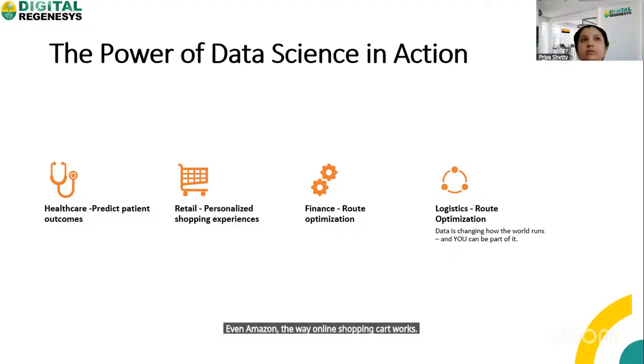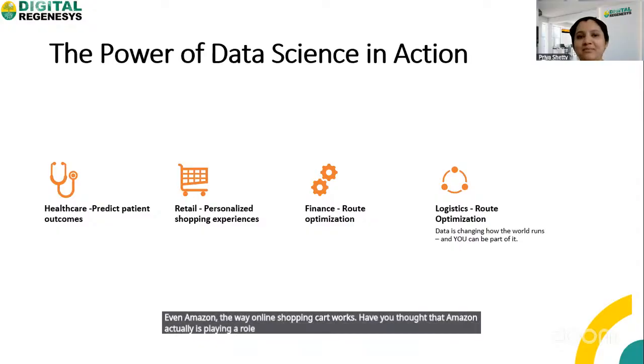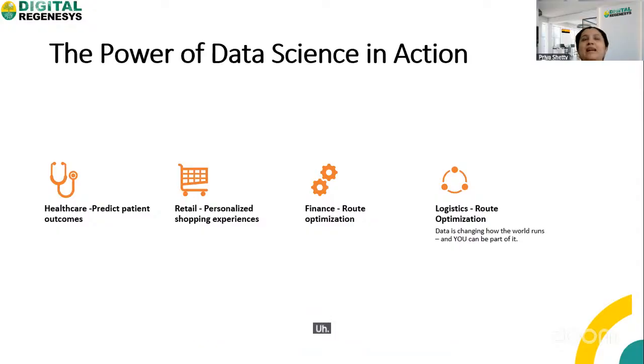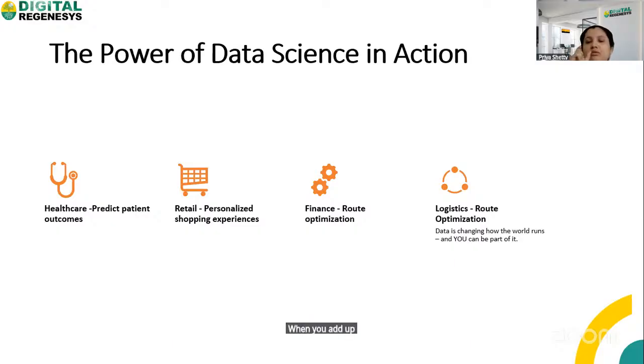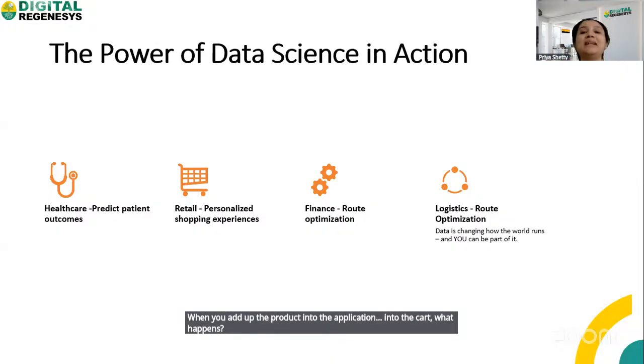Even Amazon, the way the online shopping cart works. Have you thought that Amazon is actually playing the role of a salesperson? If you have observed, guys, nowadays when you open an online application and start buying something, when you add the product into the cart, what happens? It shows you recommendations.